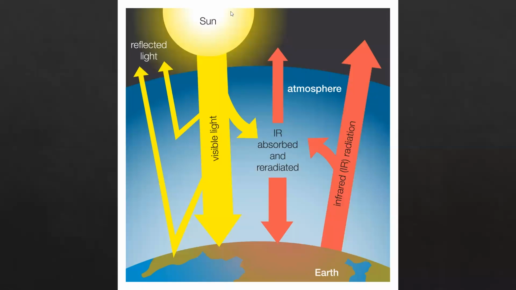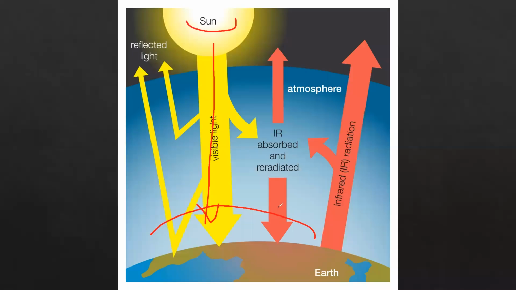Okay, let's explain it again here. Here we have the sun. The sun emits visible light and short-wave rays, and then the Earth will absorb these rays and re-emit infrared radiation. With the normal amount of greenhouse gases, this infrared radiation will be able to get out of the atmosphere.